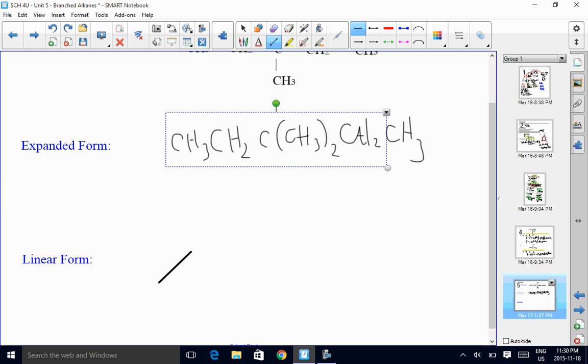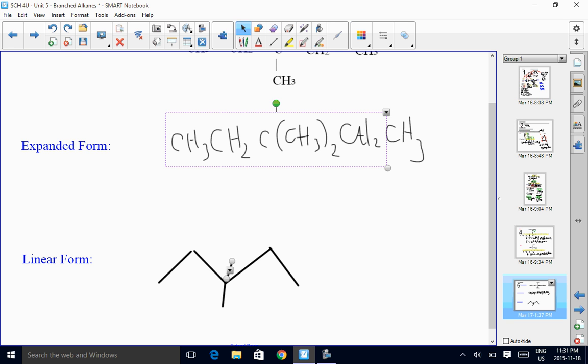So it's 1, 2, 3, 4, 5. You do a zigzag, each point is a carbon, so there are 5 carbons, and then there were 2 carbons connected to the middle. So let me do that. 1, 2. There you go.